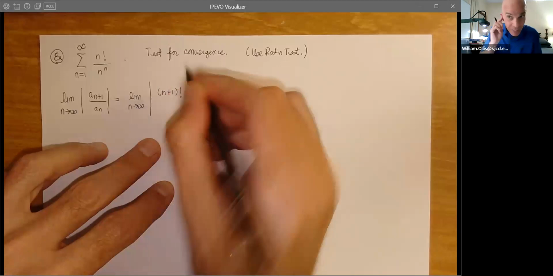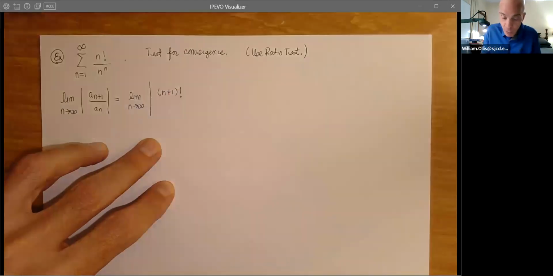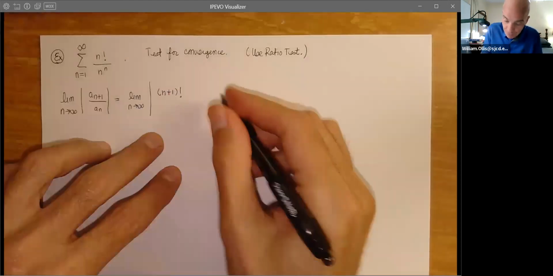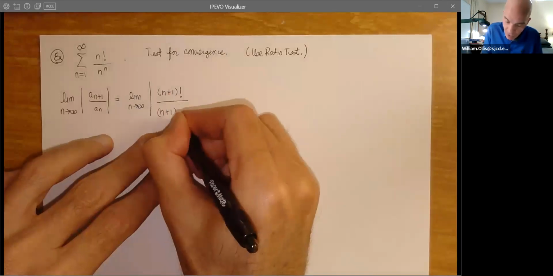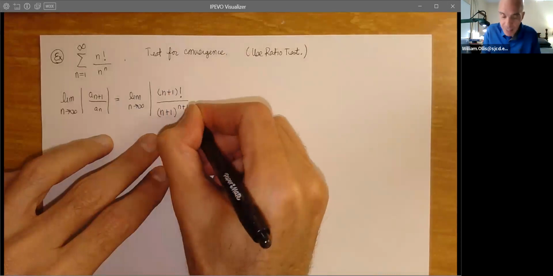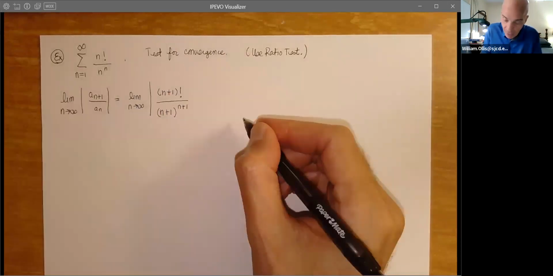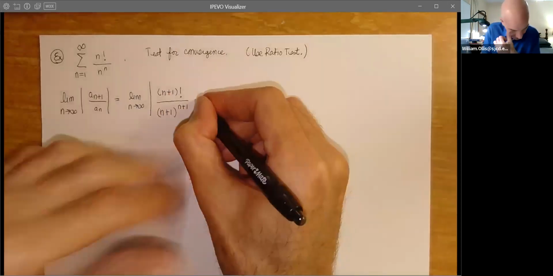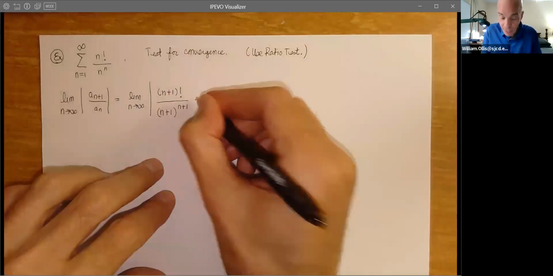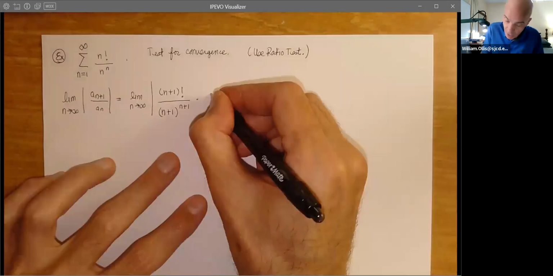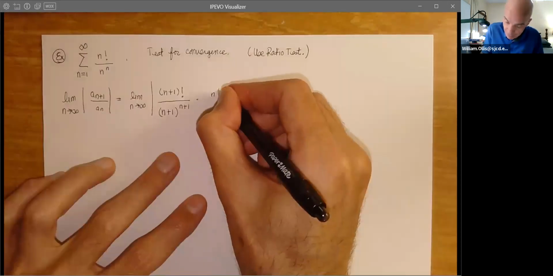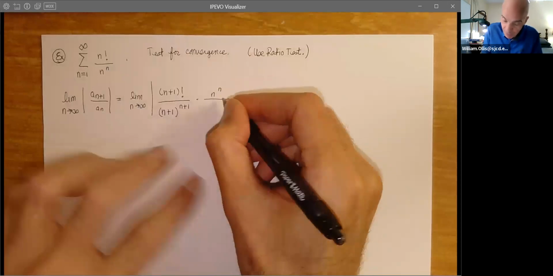I mean, this is really simple. n replaced with n plus 1. And then we get n plus 1 raised to the n plus 1. So replace n with n plus 1. And then we reciprocate, divide by a sub n, so just flip it. So this is n to the n, and then we have n factorial.